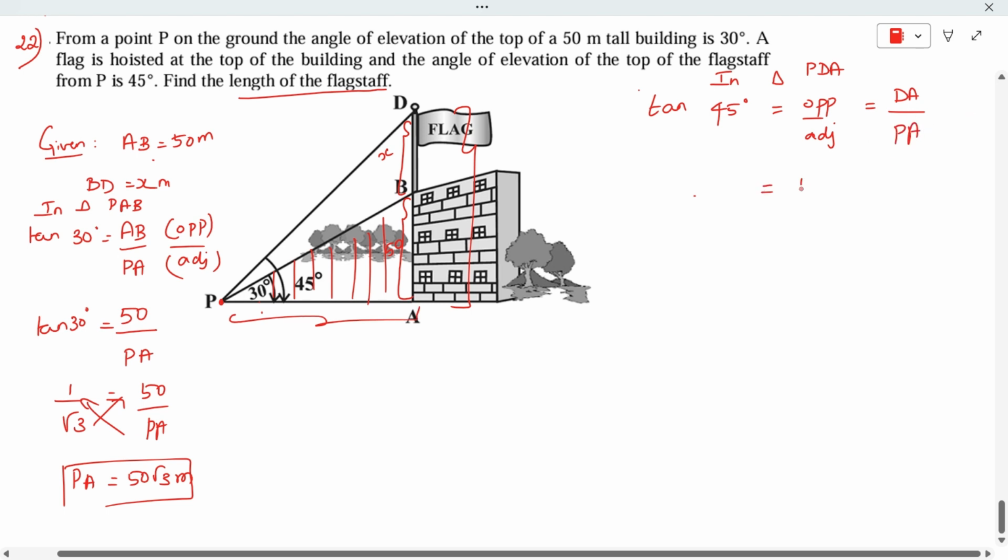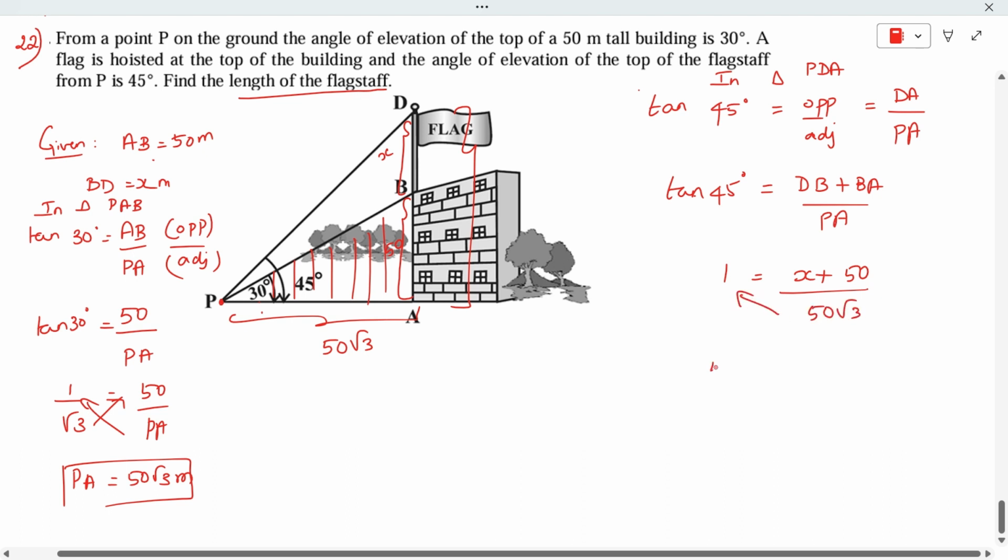What is DA? DA is DB plus BA by PA. Now I'm going to substitute the value for tan 45 degree, which is 1. DB I'm specifying as x, and BA is 50, divided by PA, the foot distance, which I got from the previous value, that is 50 root 3, isn't it?